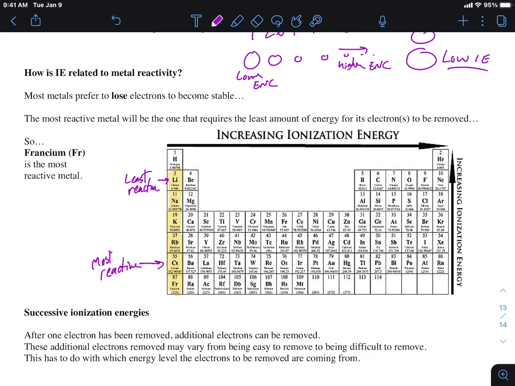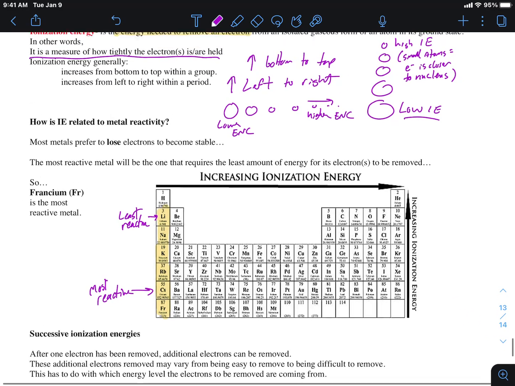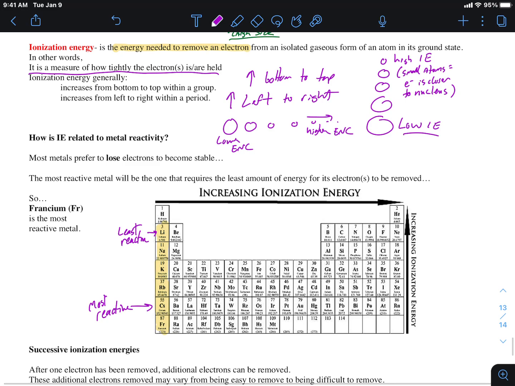What's the reason? Well, what do you know about a family now that you know what ionization energy is? So does cesium have the most or the least ionization energy in the family? The least. Cesium requires the smallest amount of energy to react.